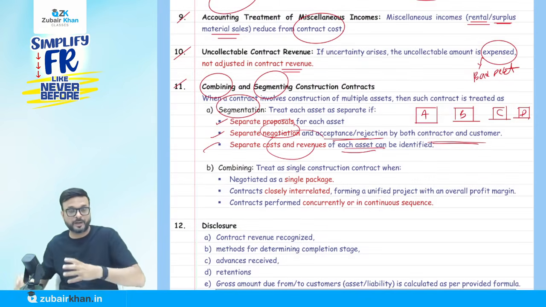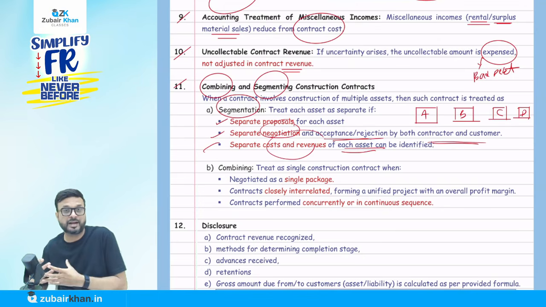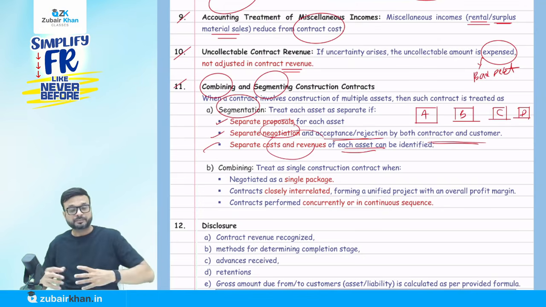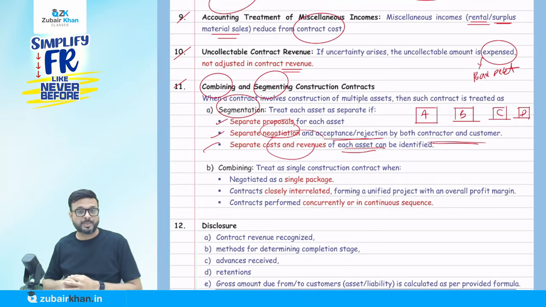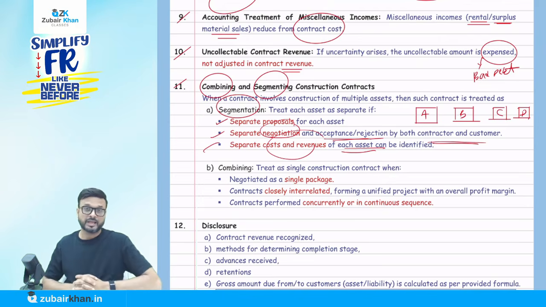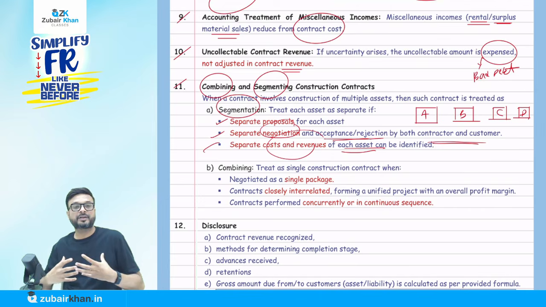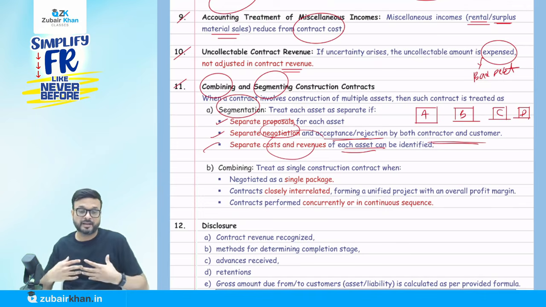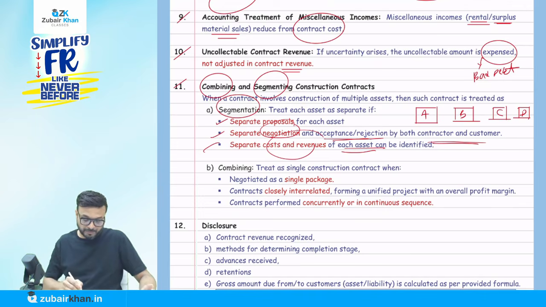I mean to say each petrol pump in my example can be identified and ascertained. If these 3 conditions are satisfied, then we call it segmentation: a separate proposal, a separate negotiation, and separate cost and revenue can be identified for each of them. Then it is a different contract. We are going to find out separate revenue, separate cost, separate percentage of work completed, and separate profit for each of them.